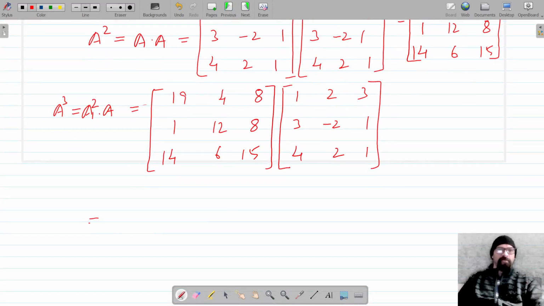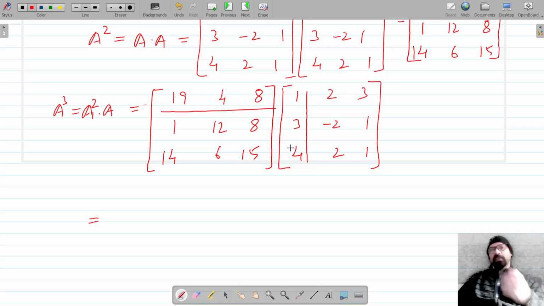To find the product, we select one row and find the sum of the products of the respective elements of the row and the column. So 19 into 1 is 19 plus 4 into 3 is 12 plus 8 fours are 32.